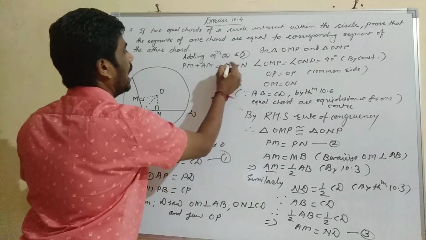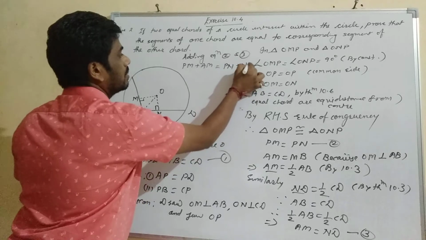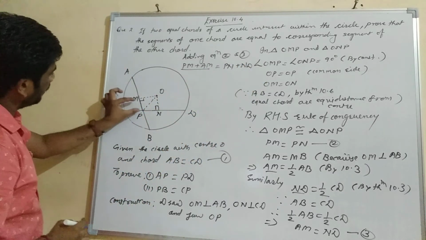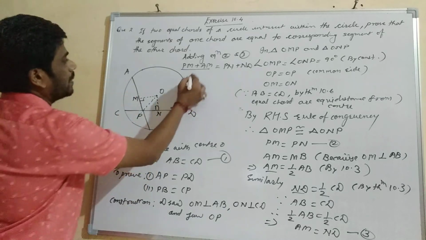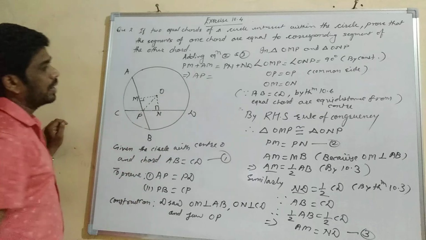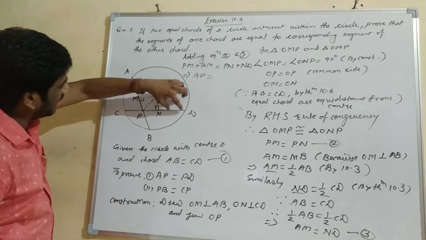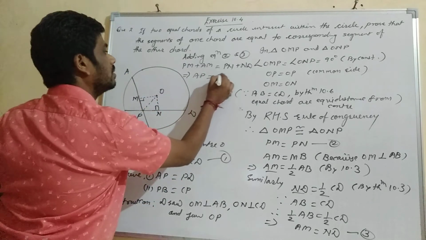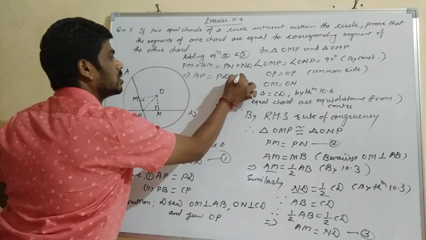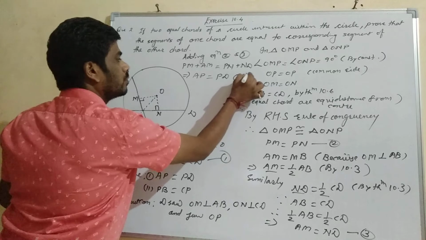PM plus AM will be AP. So we can write it implies that AP will be equal to PN plus ND, which is PD. Okay, this is the first proof.